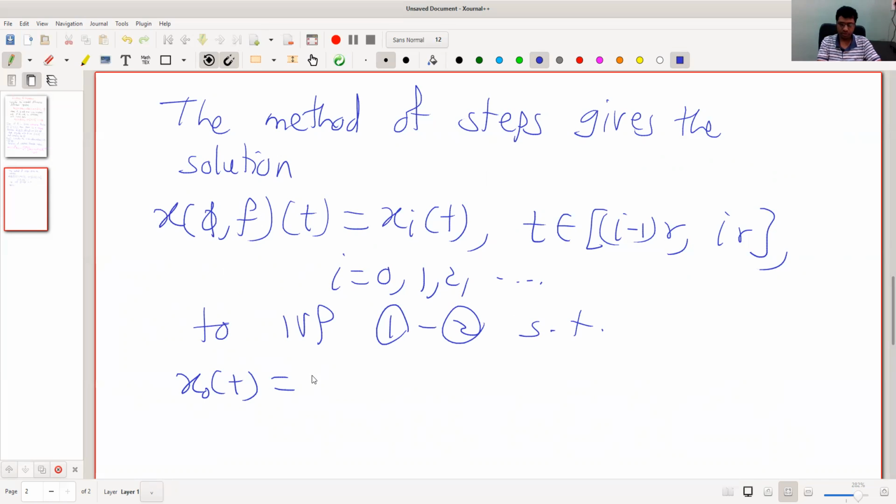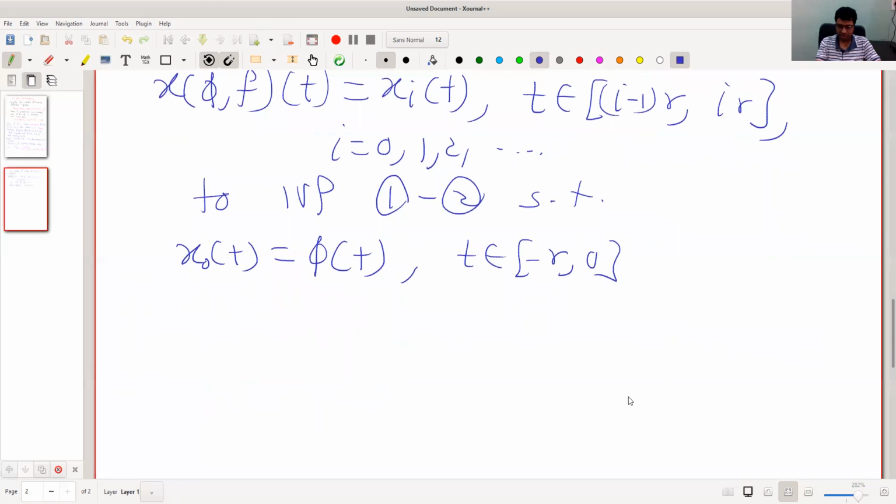In this interval, the solution is phi of t. Note that this x naught is unique because phi is a given function. Since phi is given, x naught is unique.